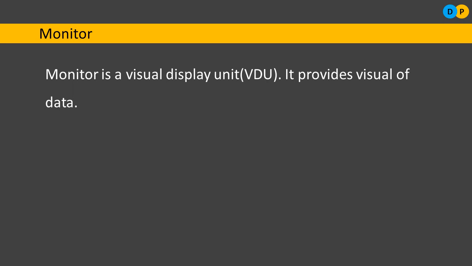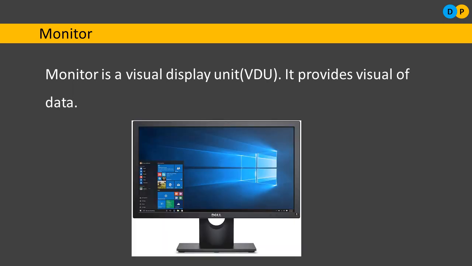And there are different ways in which you can choose a particular monitor. I mean to say, different parameters, different factors that go in at the time of choosing a particular monitor. We will study them one by one. As you can notice here, this is a monitor, and this is especially a flat screen monitor, also called a TFT monitor or LCD monitor.